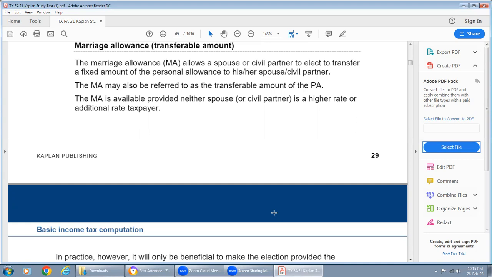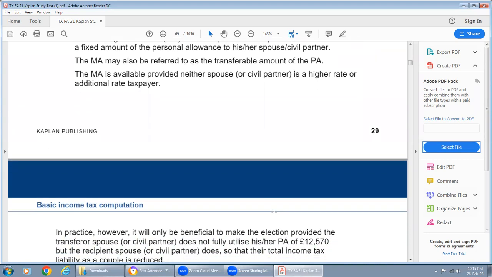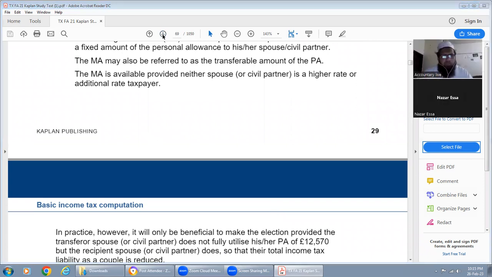In practice, however, it will only be beneficial to make the election provided the transferor spouse or civil partner does not fully utilize his or her personal allowance.